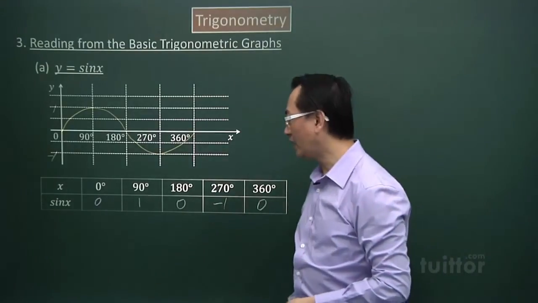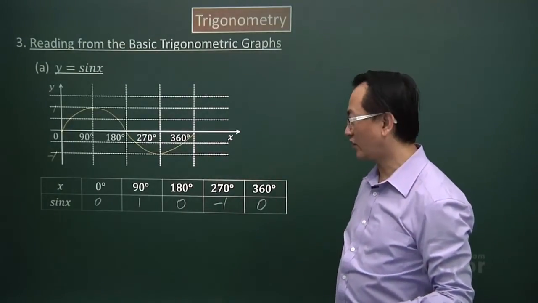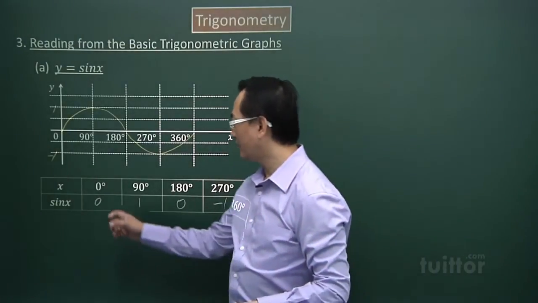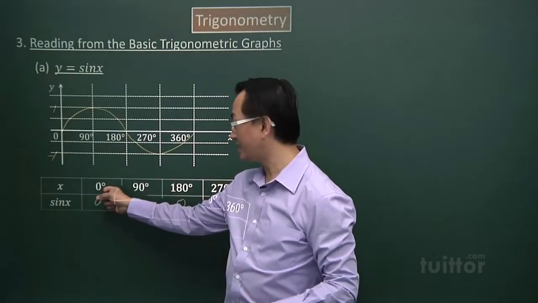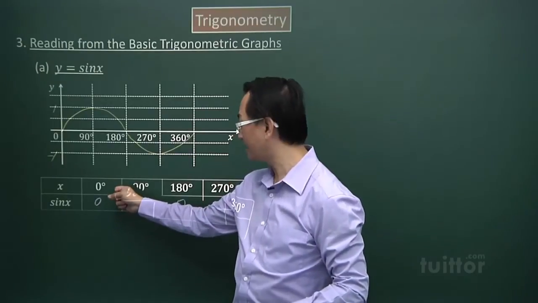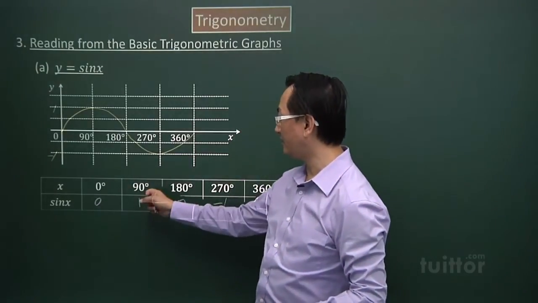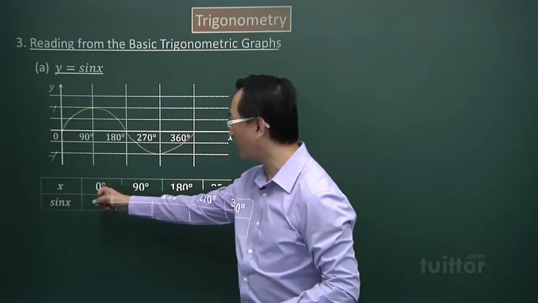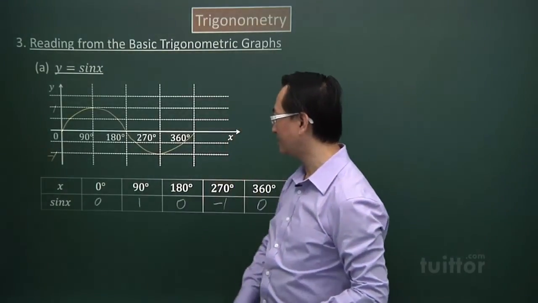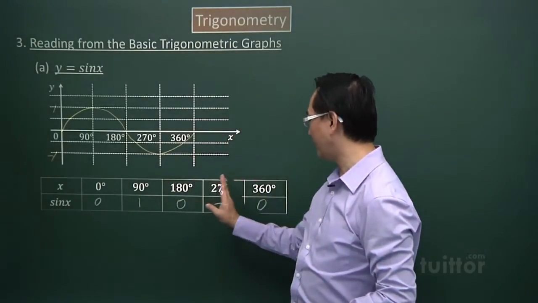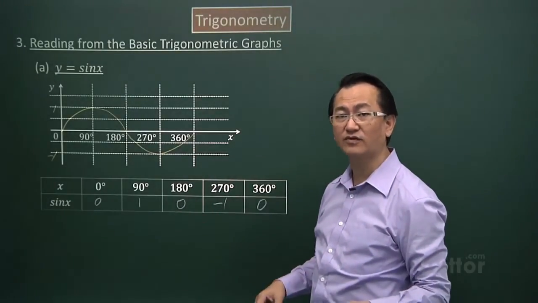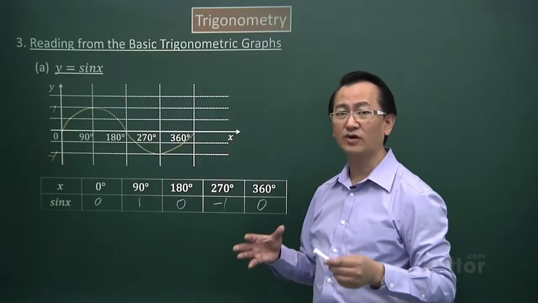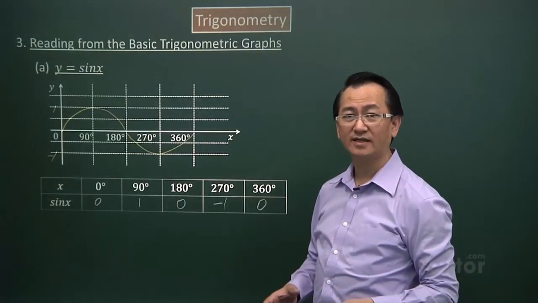Now, if you put in whatever else that we have talked about just now, in between we had sine 30 degrees, we had sine 60 degrees, and we also had 45 degrees. So we actually have a complete table of those values that you normally have to commit to memory.